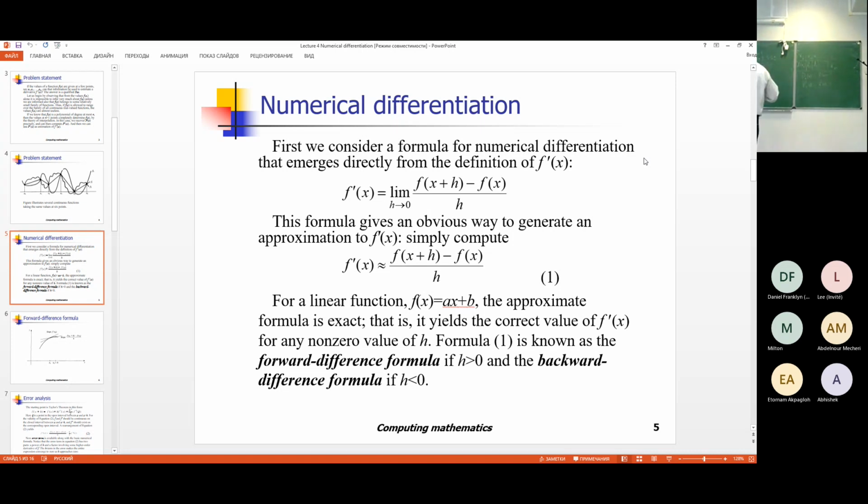Very good. Now let's compute the same, but let's take h smaller. h equals 0.01. Let's take h 10 times smaller.